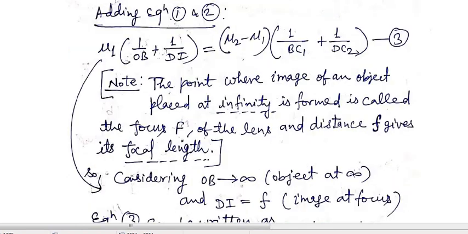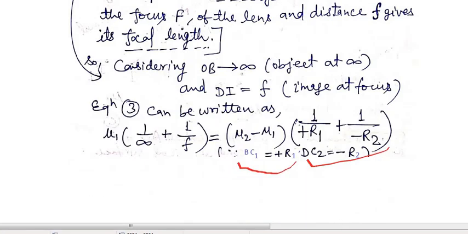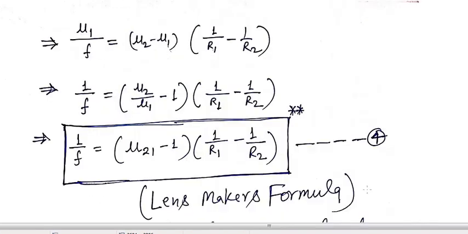After this mathematical manipulation we will get this relation: mu1 upon f equal to mu2 minus mu1 times 1 upon r1 minus 1 upon r2. Dividing both sides by mu1, we will get 1 upon f equal to mu2 upon mu1 minus 1 times 1 upon r1 minus 1 upon r2.